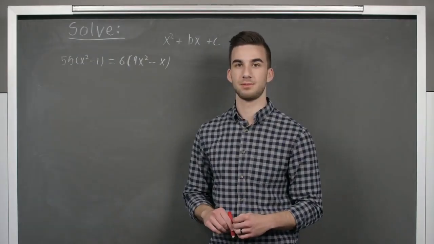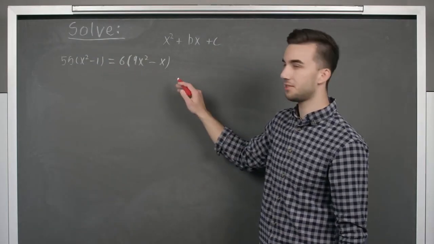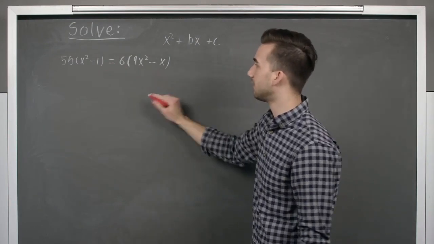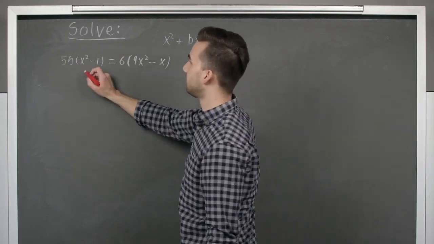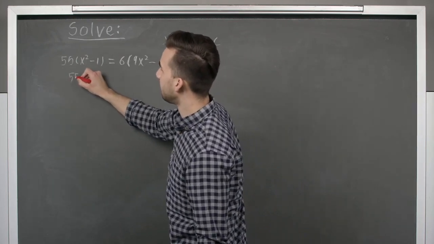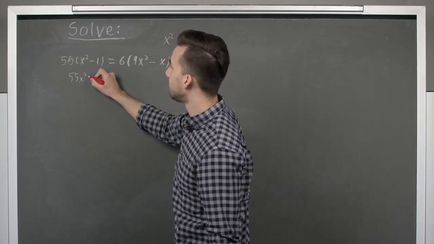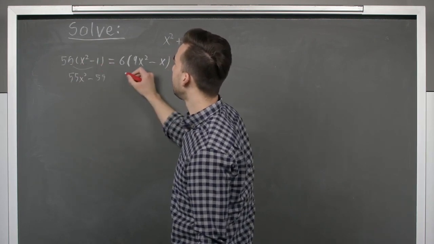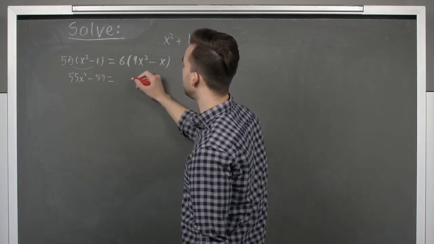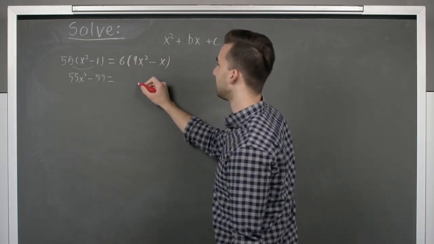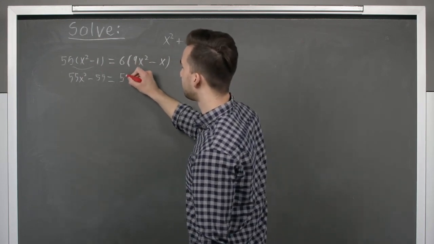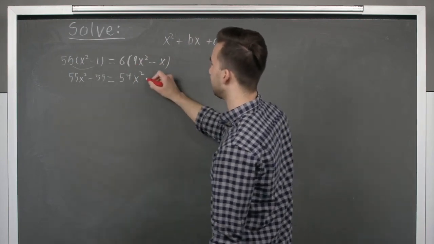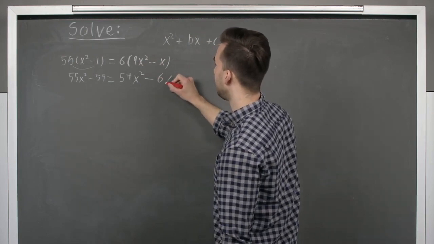In this example, we can solve this equation with the same method. So let's just multiply everything out. 55 times x squared gives us 55x squared minus 55 equal to 6 times 9 is 54x squared, and then 6 times -x gives us -6x.